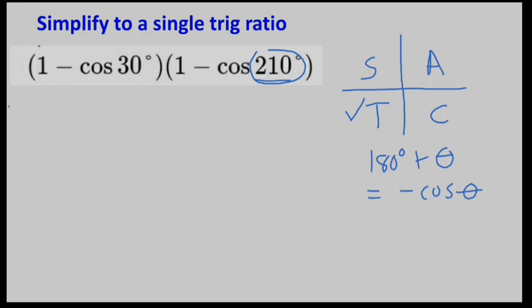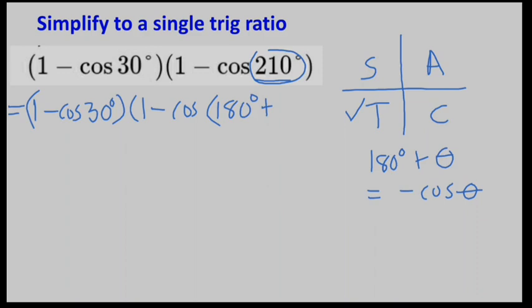Okay, so I'm going to write there now, this is the same as 1 minus cos of 30 degrees times the 1 minus the cos of 180 plus, to get to 210, it's going to be 30 degrees. Right?